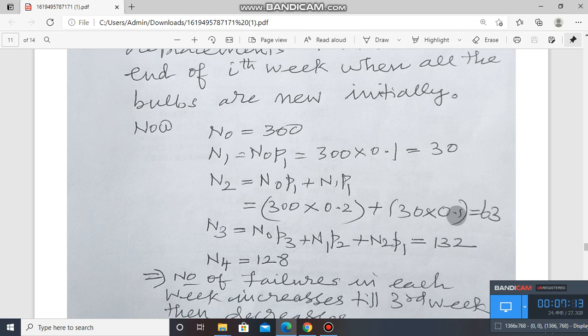So 30 into 0.1. If you simplify this, you will get 63 bulbs.